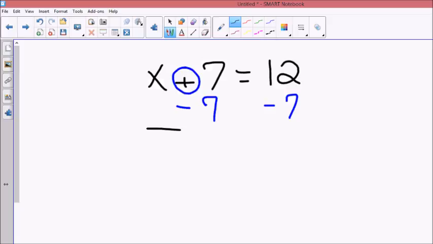So I get rid of a +7 with a -7, and x plus 7 minus 7 leaves behind just a plain old x on the left side. On the right side, 12 minus 7 leaves behind a 5.